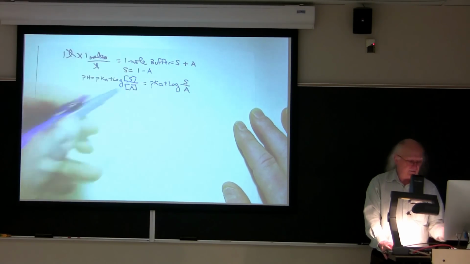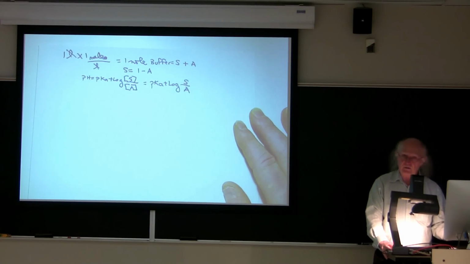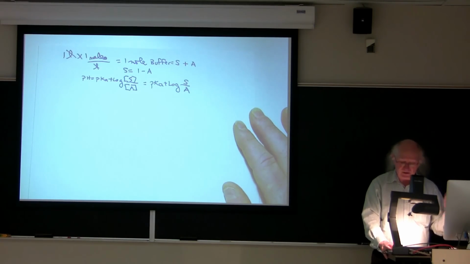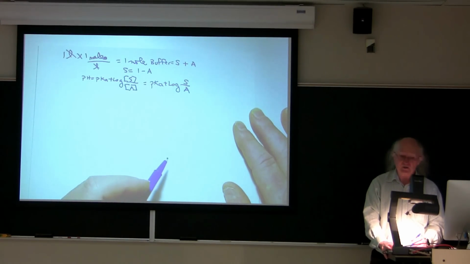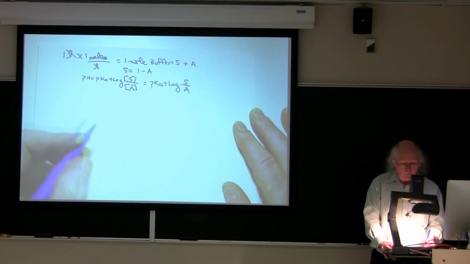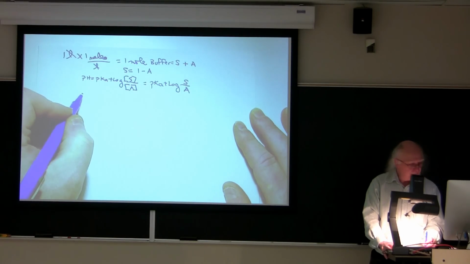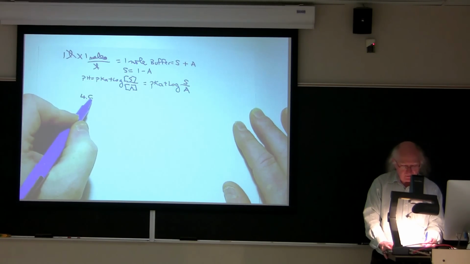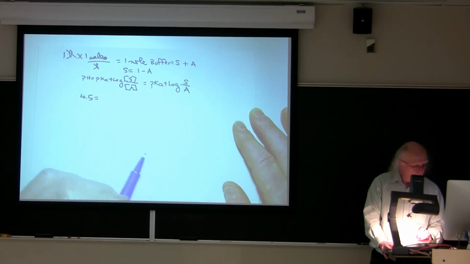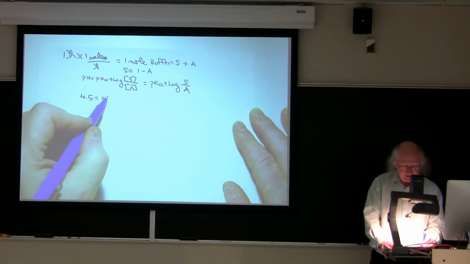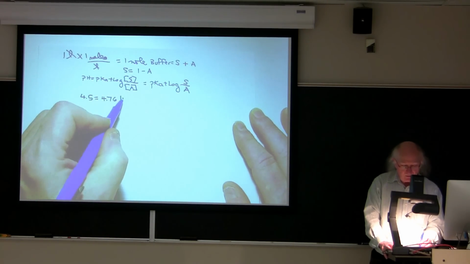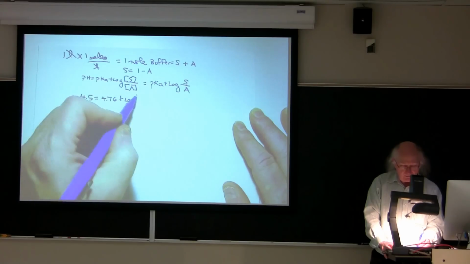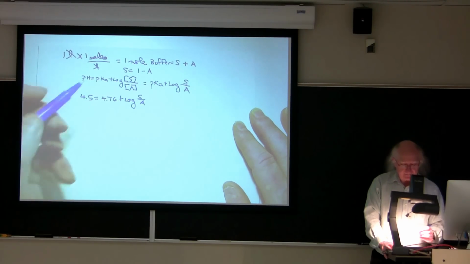So I haven't mixed anything yet, so everything in that first solution is all in 1 liter, and so the number of moles of salt and acid are proportional to the concentration. So I can work with moles just fine at this point. Well, plugging in numbers, I get the pH that I have in the first solution is 4.5, which equals the pKa of the acetic acid system, which is 4.76, plus the log of S over A.